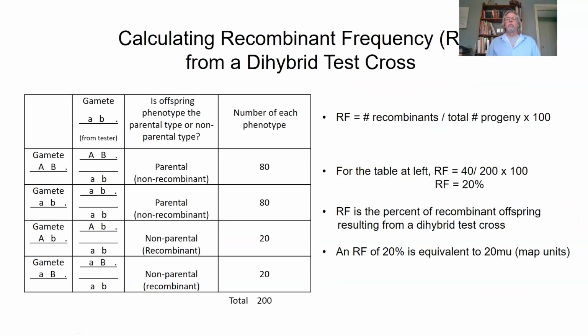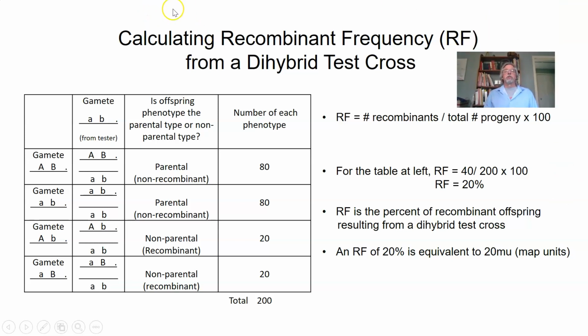All right, so using that hypothetical example, let's go through a calculation to determine what the recombinant frequency is from a dihybrid test cross. It's a pretty simple calculation shown here, and this is the same table from the previous slide, and here are the same numbers that were mentioned. So the recombinant frequency, RF, is the number of recombinants divided by the total number of progeny and multiply it by 100 to get a percentage value.